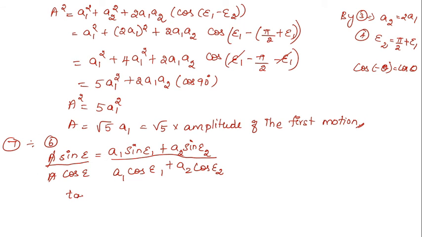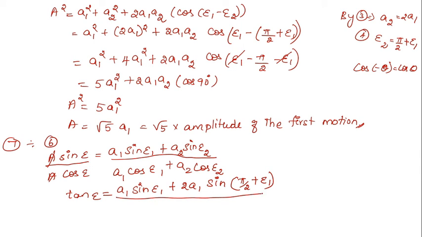So it will be tan epsilon, which is equal to a1. So everything we can convert in terms of a1, because we know that a2 is equal to 2a1. So it will be a1 sine epsilon 1 plus a2 can be written as 2a1 sine of epsilon 2 can be written as pi by 2 plus epsilon 1, divided by a1 cos epsilon 1 plus 2a1 cos of pi by 2 plus epsilon 1.